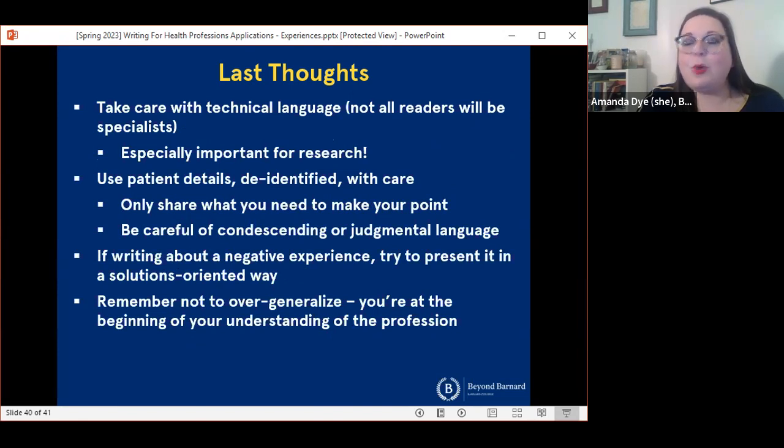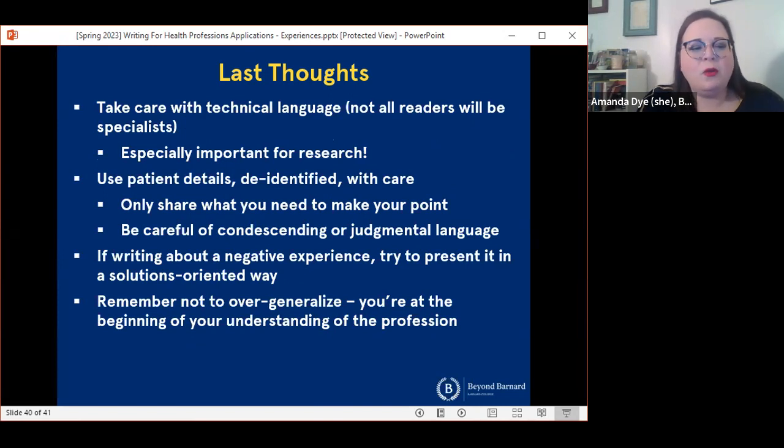Some more practical last thoughts. Take care if you're using technical language, especially if you're writing about research. You want to make sure that a non-specialist gets something out of what you're writing. And if the person is getting tripped up in a lot of long words that they maybe aren't super familiar with, it's probably not going to really hit with them, right?